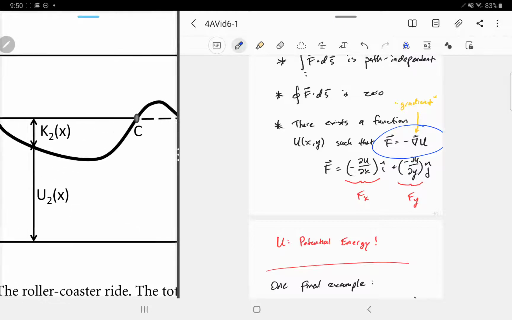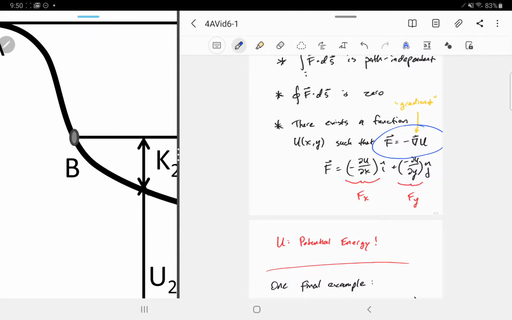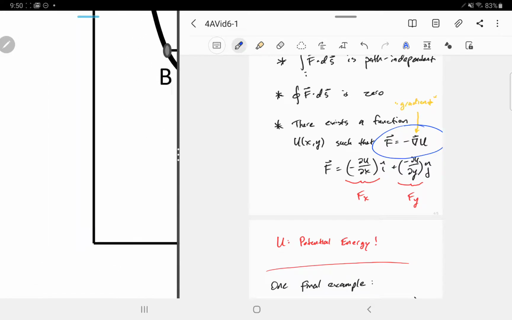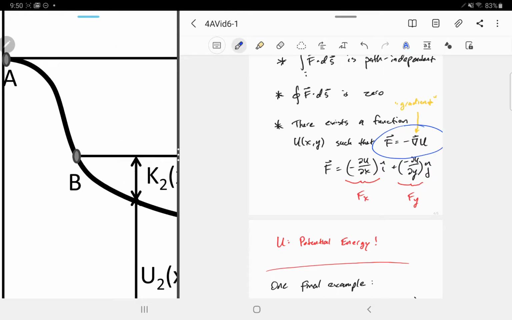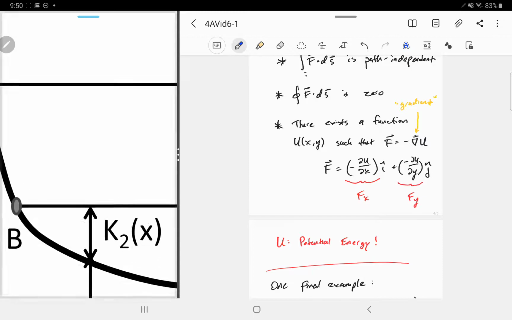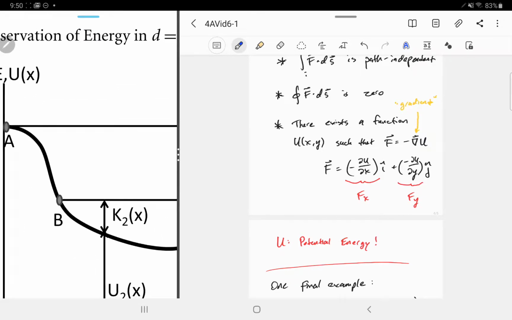Like if I focus at point B right here, the derivative of u as a function of x is negative, right? That's a negative slope. The derivative of u is negative, but with this extra minus sign right here, that's positive. The f is positive, so the x component of the force is positive. And so if I start a particle at rest from point B right here, it's going to feel a force in the positive x direction. Or in other words, it's going to roll down the hill.